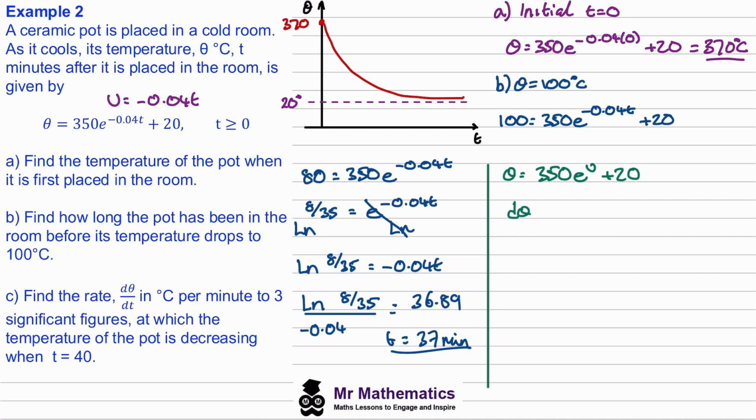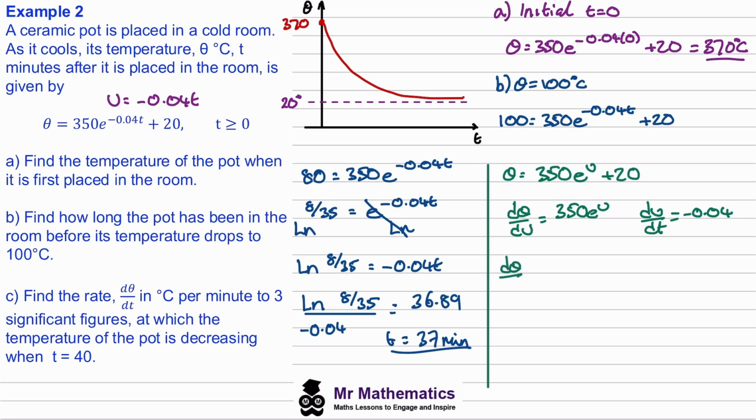We know d theta by du will differentiate onto itself, and this constant will go. So we'll get 350 e to the u. And du by dt, when we differentiate this, will give us negative 0.04.